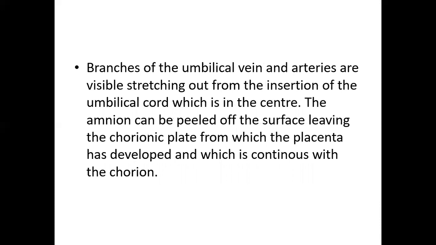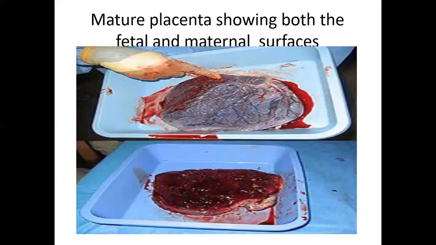So parts of the placenta, there are two. We have the maternal surface and we have the fetal surface. So this is a pictorial representation of what we are trying to discover. The one on top is the fetal surface. Then the one beneath is the maternal surface.